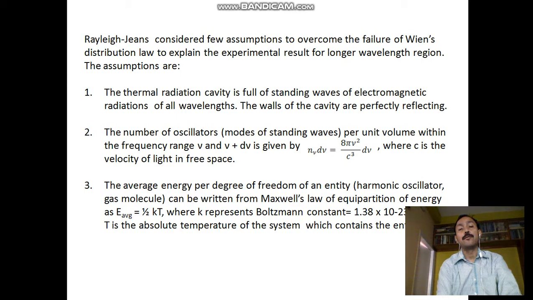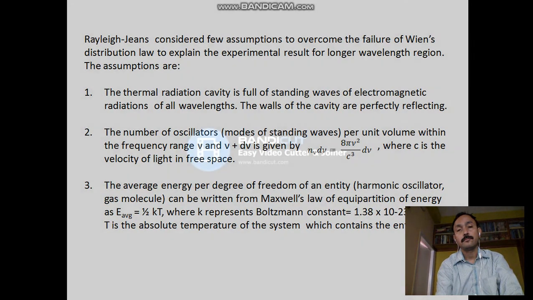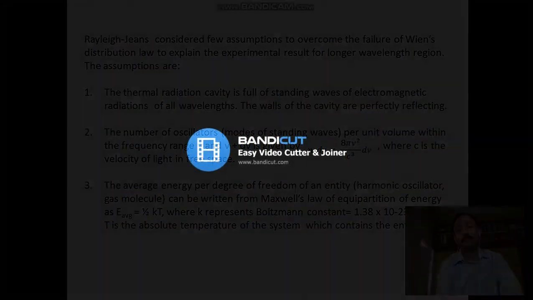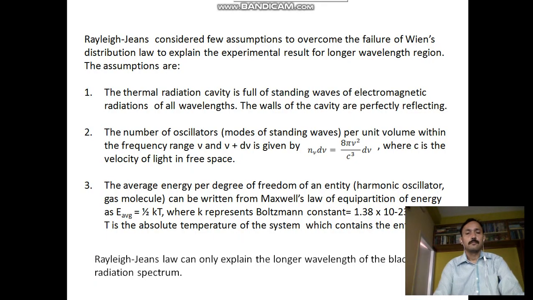Entity means harmonic oscillator, gas molecules, etc. Rayleigh-Jeans law can only explain the longer wavelength region of the blackbody radiation spectrum, whereas Wien's law can explain the shorter wavelength region.